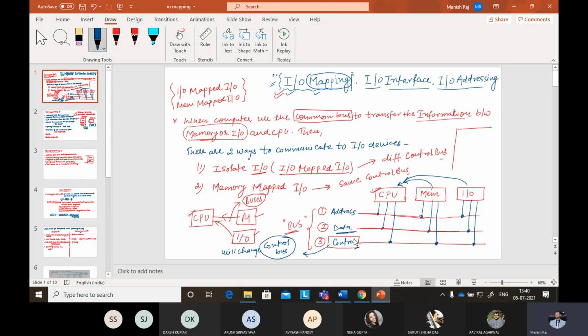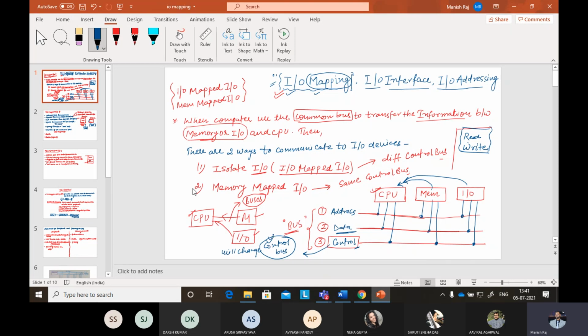What do the control buses do? Most of the time, read and write operations are done by the control bus. So first, there are two ways: there may be a chance to use the common control bus, or there may be a chance to change the control bus.